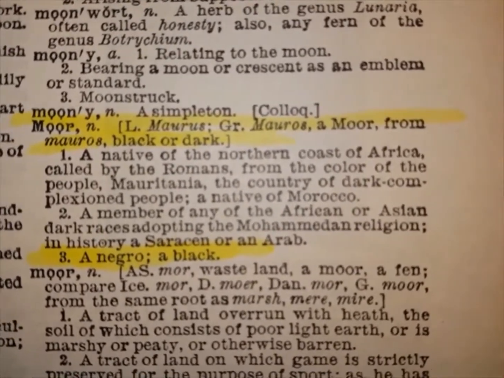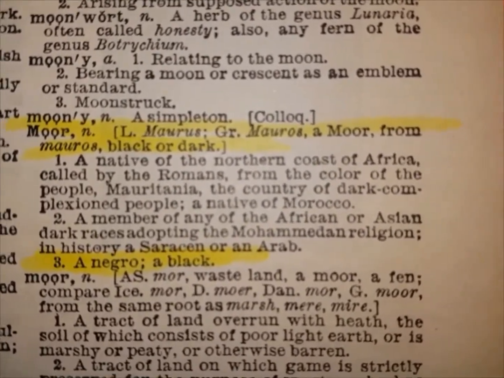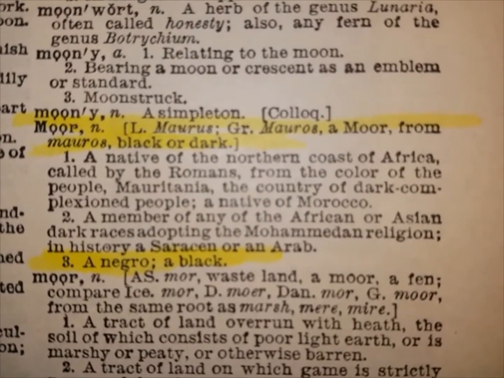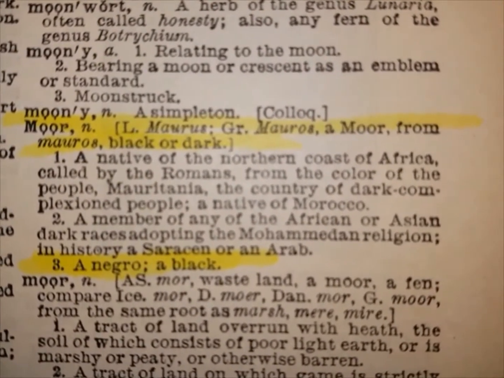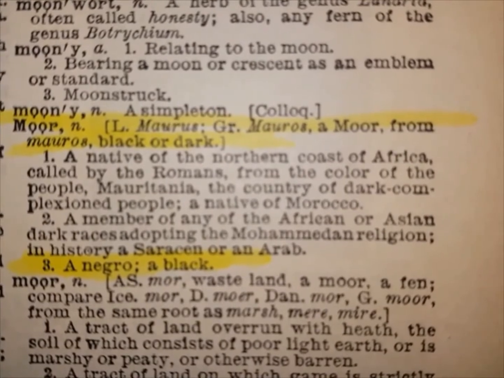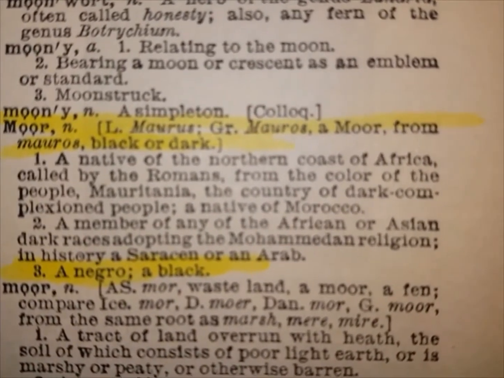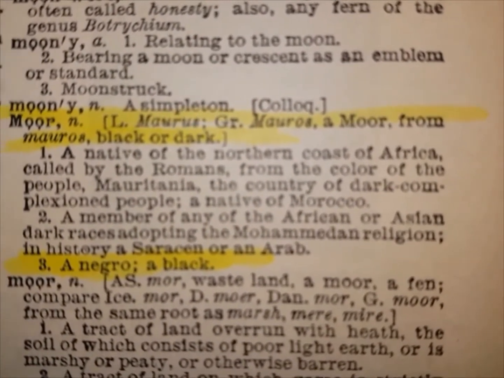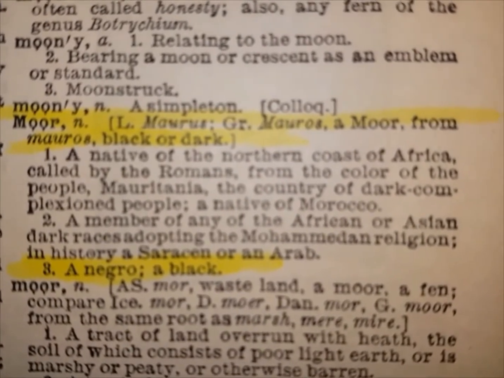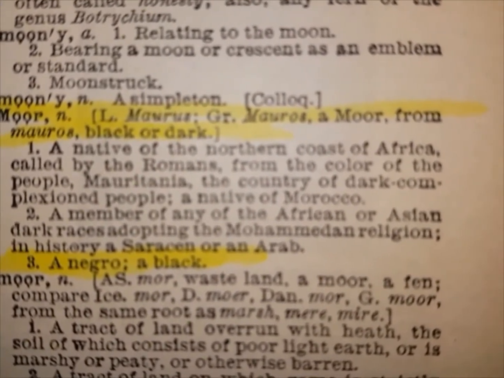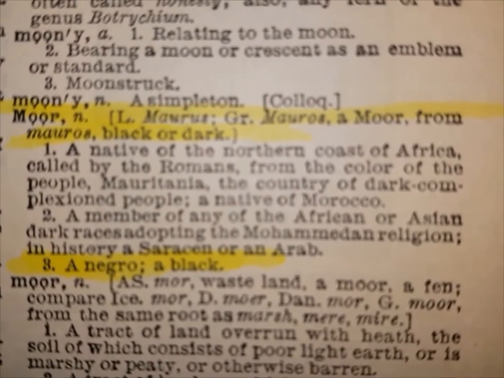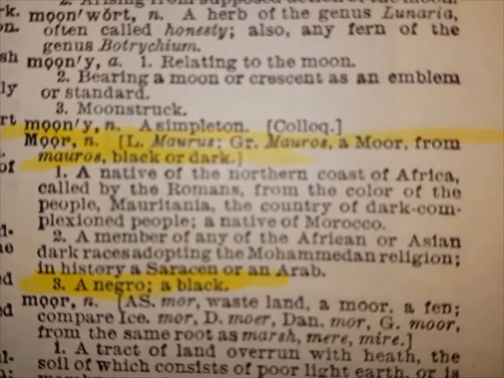Definition 1, a native of the northern coast of Africa, called by the Romans, right? And we know these Romans are what we would call the Caucasoids or Caucasian people. From the color of the people, Mauritania, the country of dark complexion people, a native of Morocco.